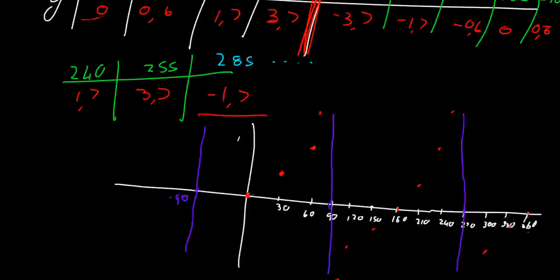Okay, so our tan graph looks like this. If we just plot through those points, okay, and there is your graph of tan.